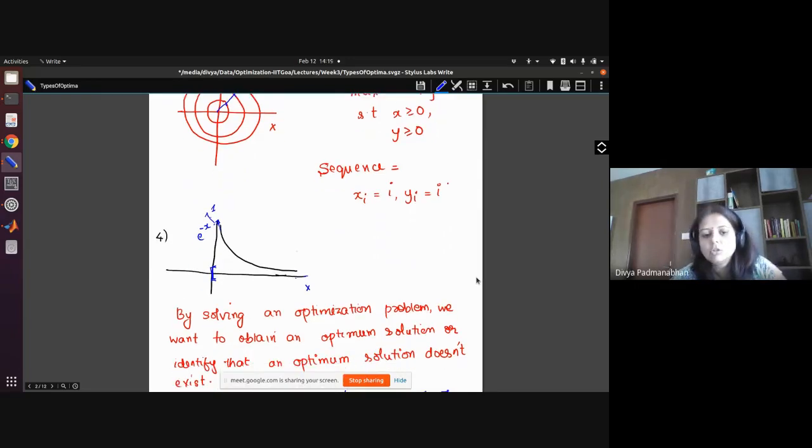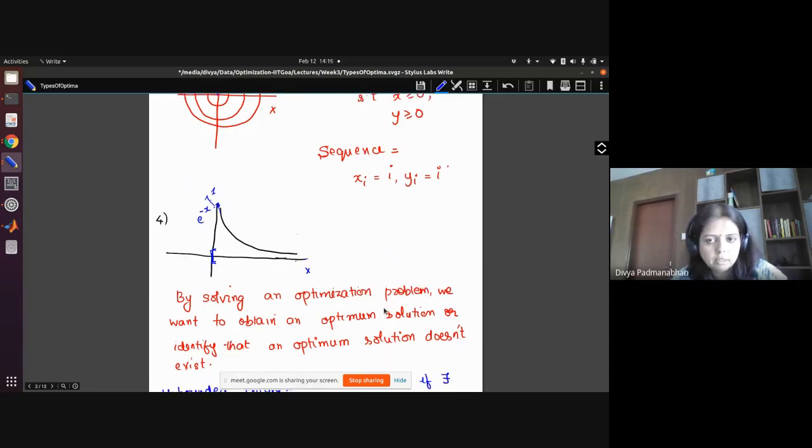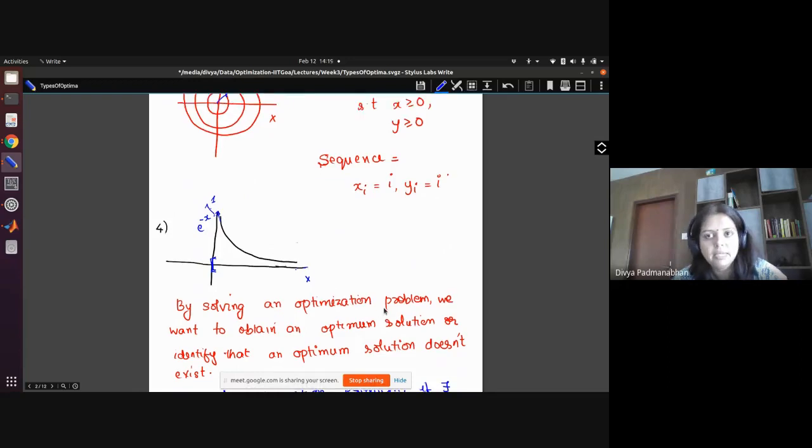Okay, so again, when you solve an optimization problem, you either want to obtain an optimum, or you want to identify that an optimum solution doesn't exist. So either it's unbounded, or only infimum is there, there's no minimum, something of that sort. So these are the things you want to identify.